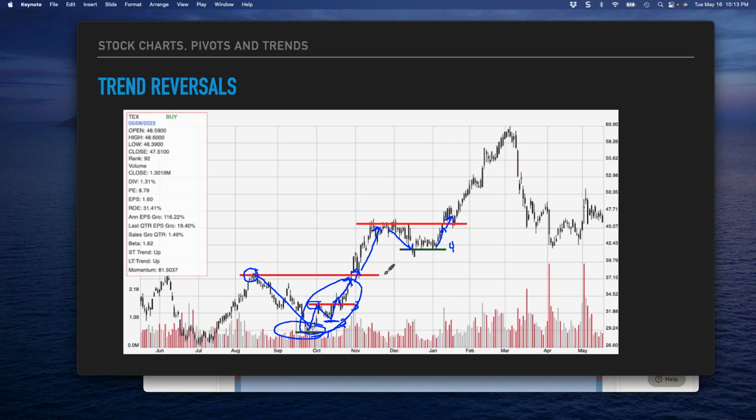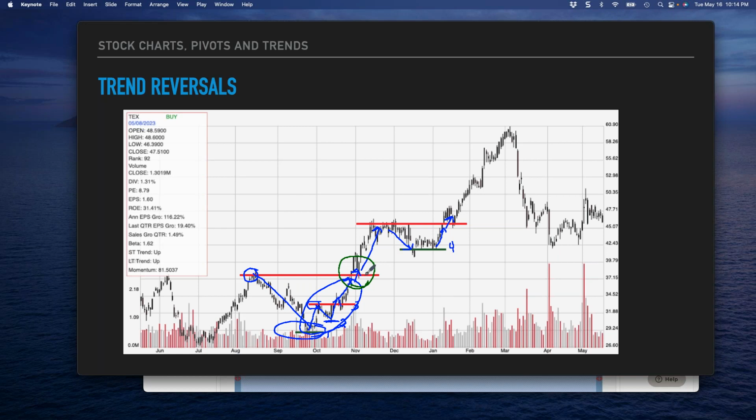The signal point of the trend reversal comes when the stock breaks above this previous resistance. This is a very, very good example of a bullish trend reversal that happened in November.